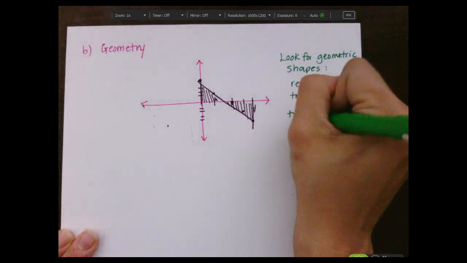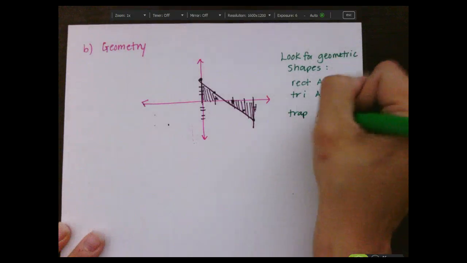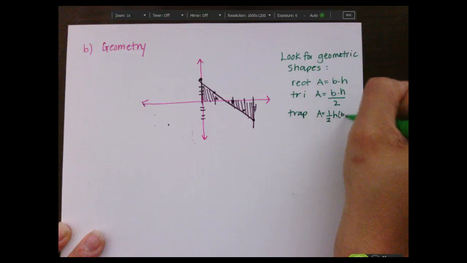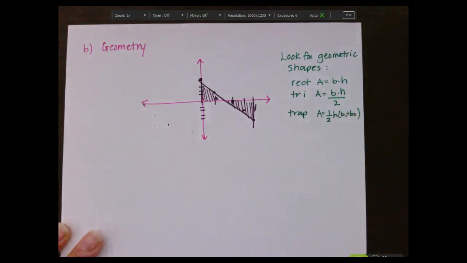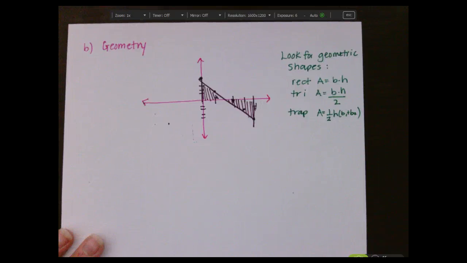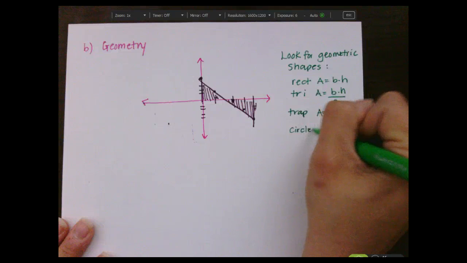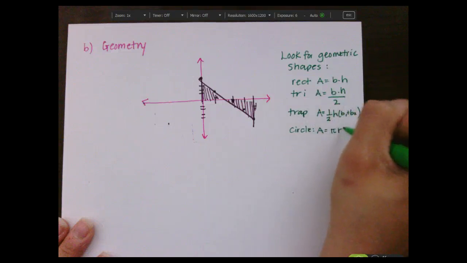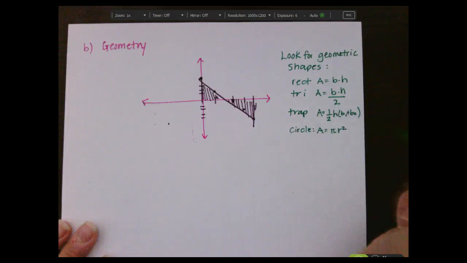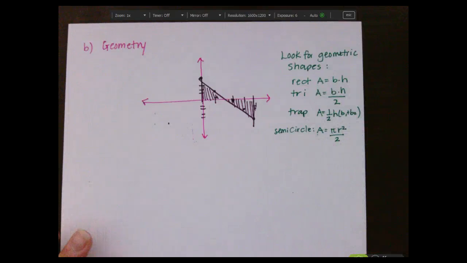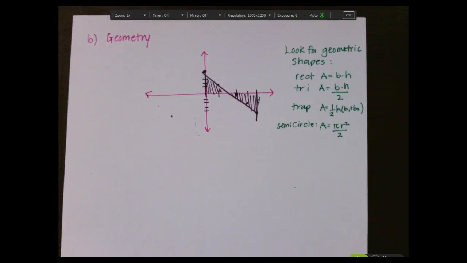For a trapezoid, just in case you've forgotten, I'm going to take 1/2 the height times the sum of the 2 parallel bases. Certainly we could have a circle as an option, although it wouldn't be a function, so that's a problem. But perhaps a semicircle. Pi r squared divided by 2. So just a couple of things to have in your back pocket there in terms of area formulas.